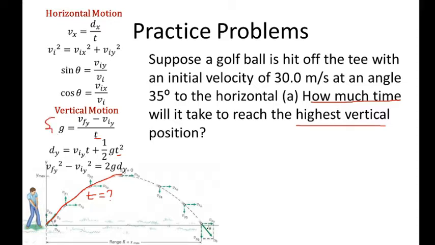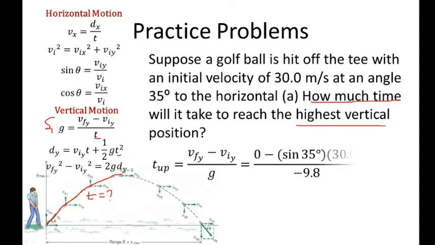For equation 2, we are not given dy yet, so let us just use equation number 1. This is the equation for the solution for the time, t up. This equation is rearranged, putting t on the left side of the equation.